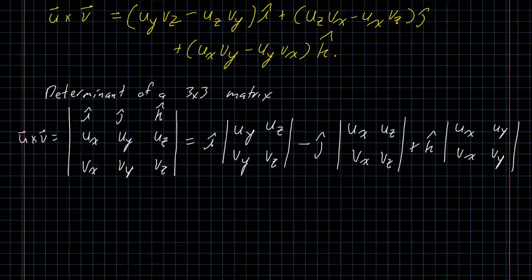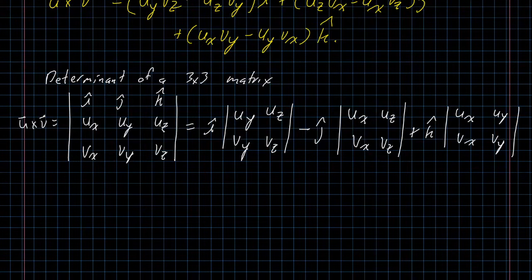And then to calculate the determinant of a 2 by 2 matrix, you take the diagonal entries and multiply them. Downward diagonal minus upward diagonal.